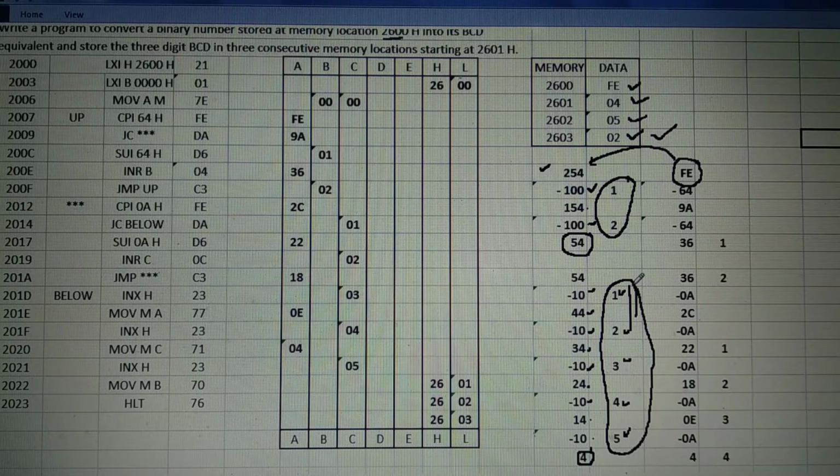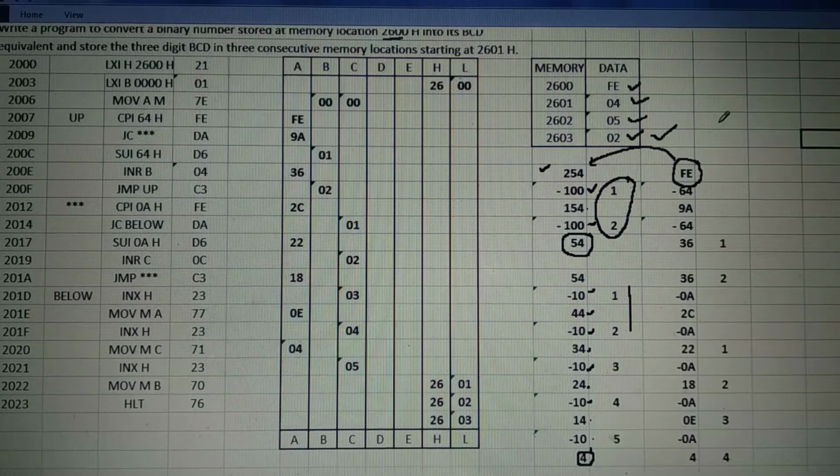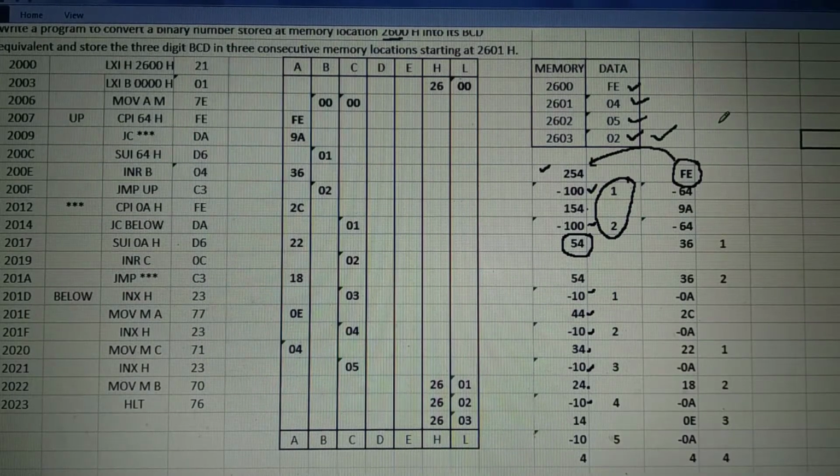That means 5 is the value at tens place. And whatever the remainder is, that is the value at units place. This is the simple logic to convert the number from hex or binary to BCD.